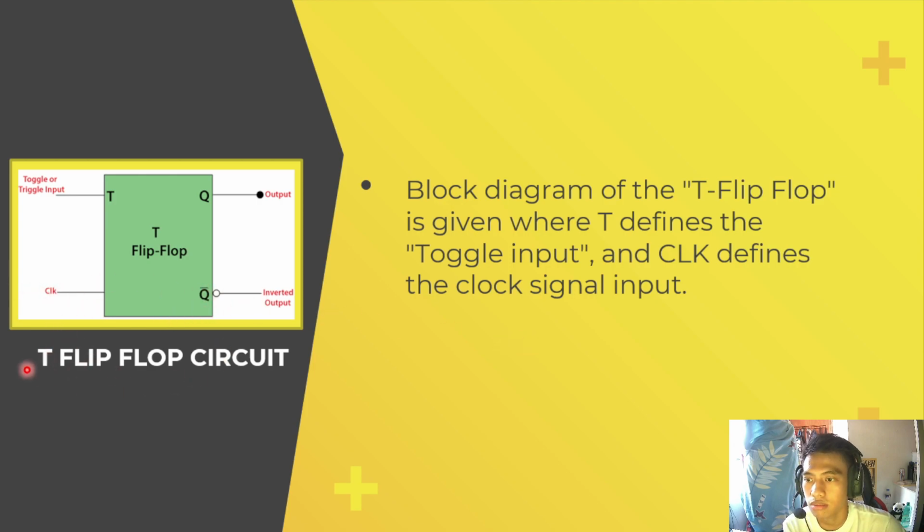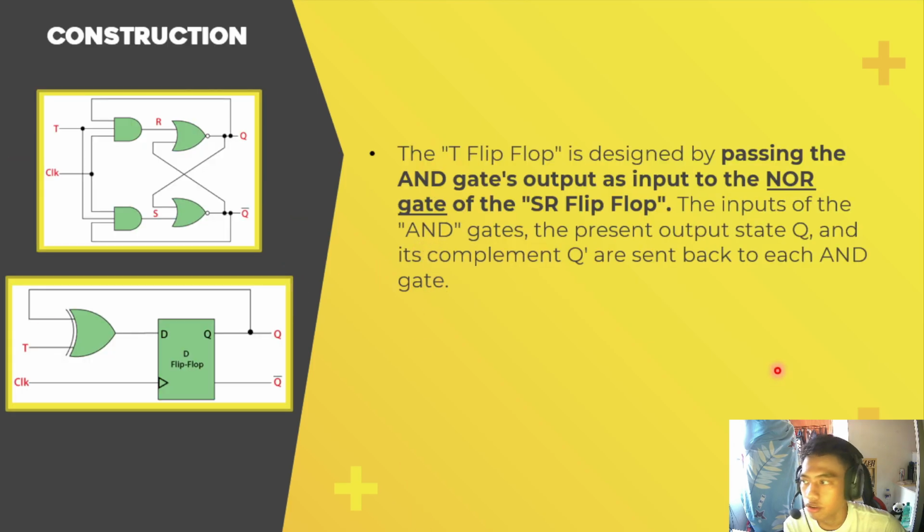So, ito yung makikita nyo sa left side yung T flip-flop circuit. So, ito yung construction ng T flip-flop. The T flip-flop is designed by passing the AND gates' output as input to the NOR gate of the SR flip-flop.